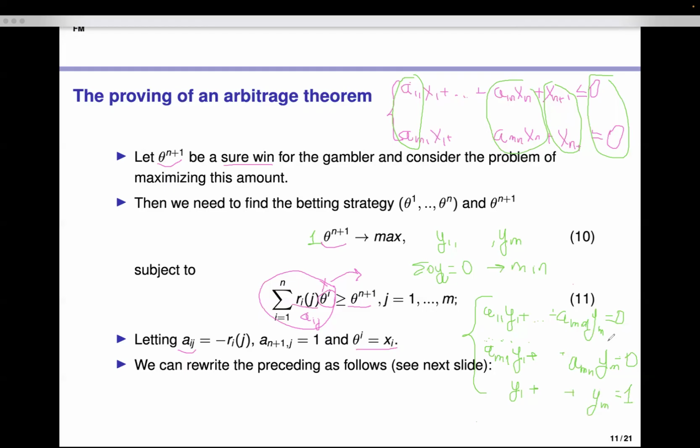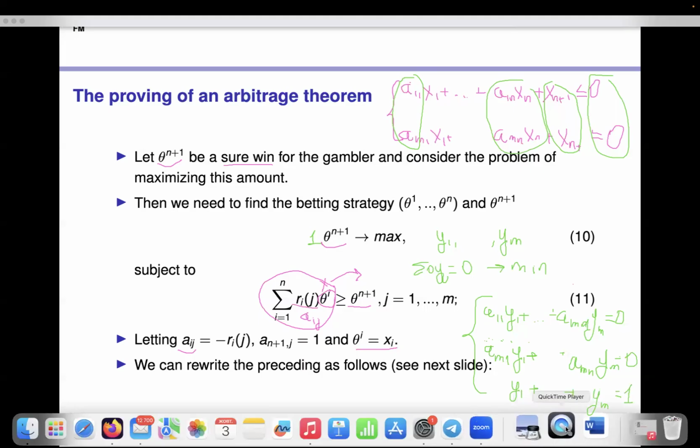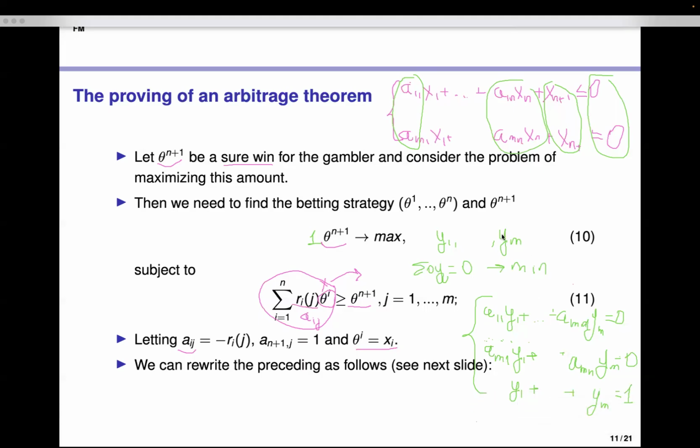Yes, well done. So we have this dual linear program, and we'll see that we can consider this variables vector y1 to ym as a probabilities vector, because you remember we need to write that all yj are more than 0, non-negative.